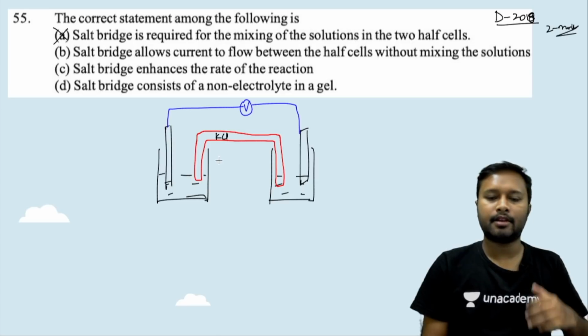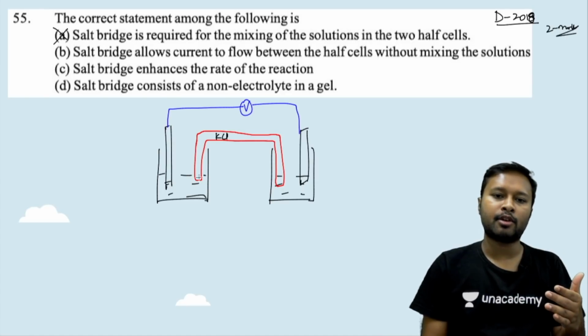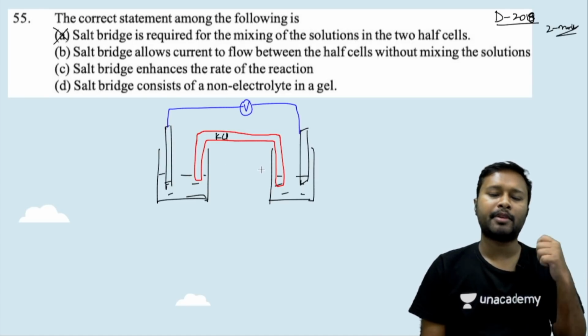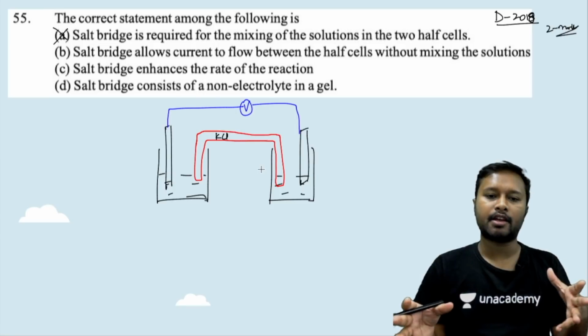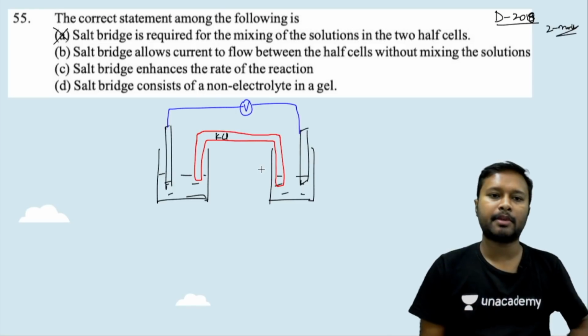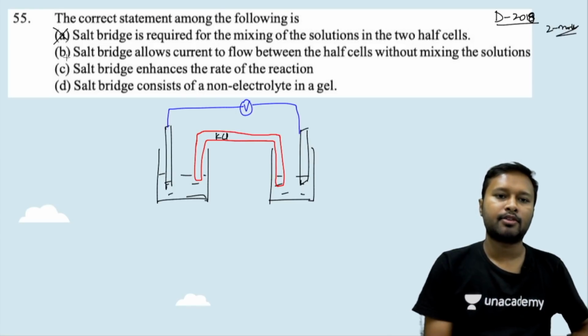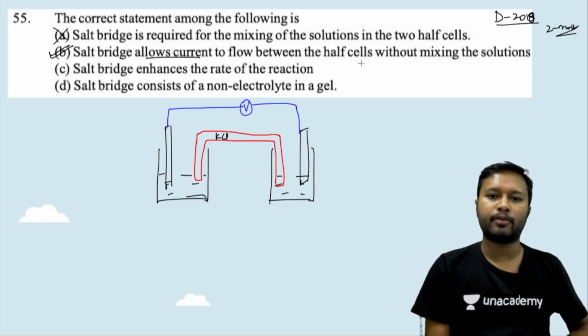In the process, it is going to complete the circuit. So the basic function of salt bridge is to complete the circuit and balance the charges on both sides. So the second statement is actually the correct one, that salt bridge allows current to flow between the two half cells without mixing of the solution.